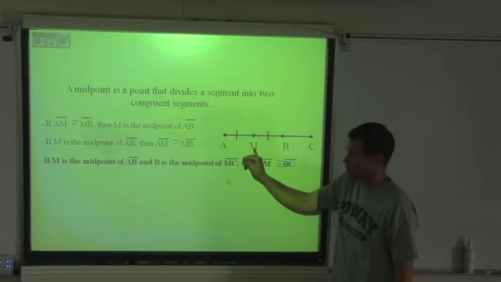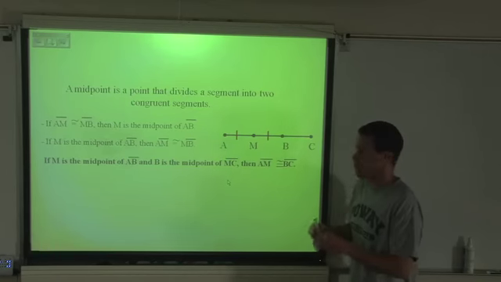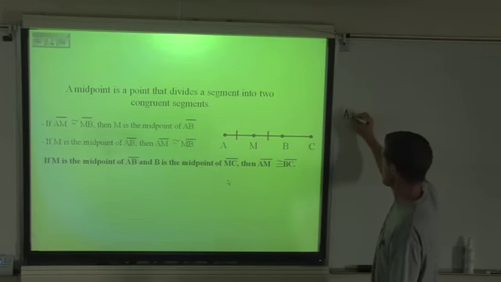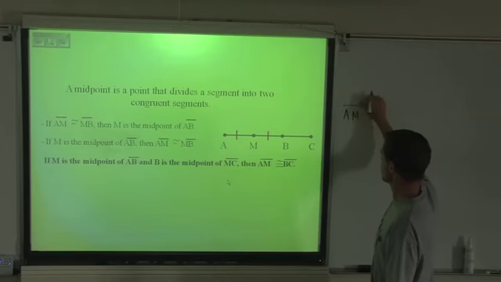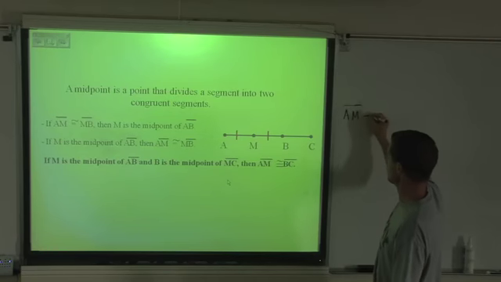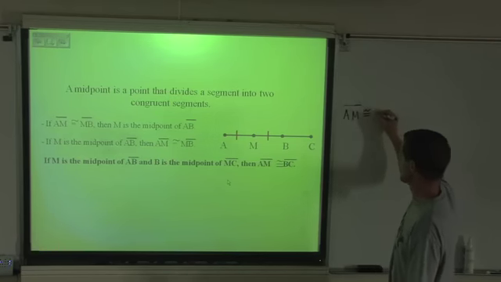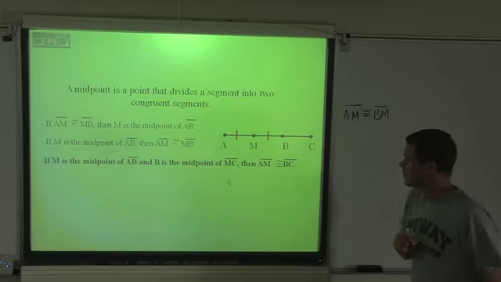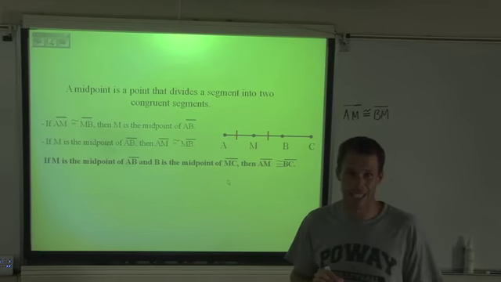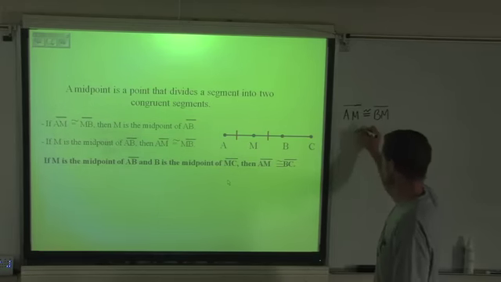If we are told that M is the midpoint of AB, we could write this down. Well, segment AM is congruent to segment BM. Now we have the second statement that we also know.